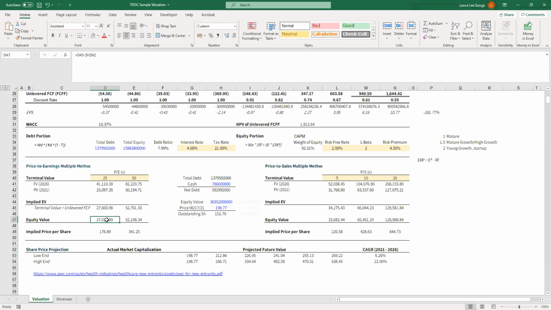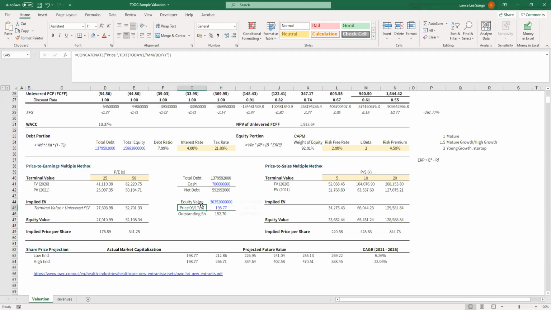After you get equity value, you divide the number by the outstanding shares of the company. Outstanding shares, you can find in the financial statements, or you can get the market capitalization of the company and divide it by the price the company is trading at.